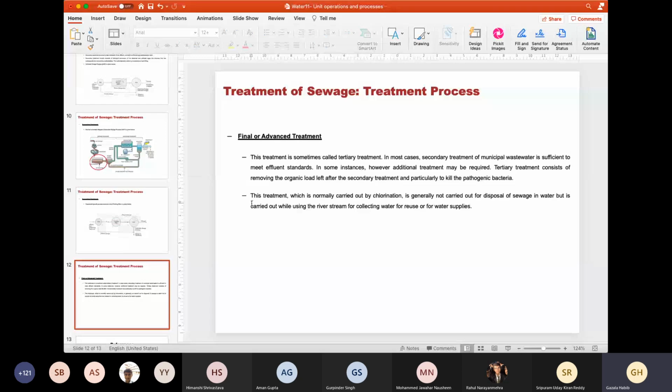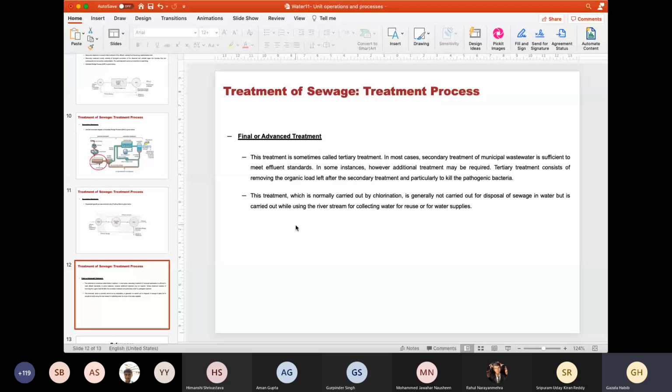So the tertiary treatment I have already explained. Let me see what it means. What it is saying is that tertiary treatment, especially chlorination or disinfection, we only do when we would like to reuse the treated water, for example for gardening, for agricultural farming, for washing of buses, or any other activity where the wastewater will be in direct contact with human beings.